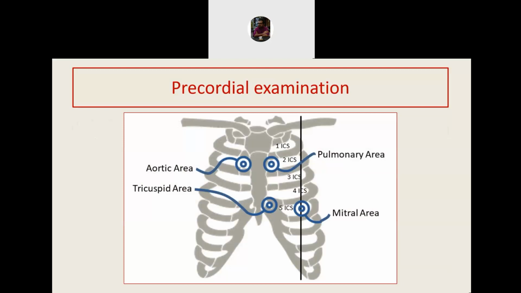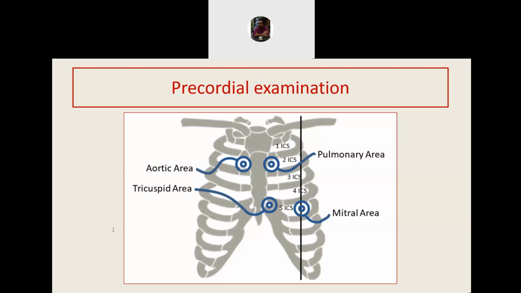So this is a schematic representation of the different areas on the anterior chest wall or precordium. Let us first understand what these areas represent. The four areas that are named as mitral, tricuspid, aortic, and pulmonary, they do not represent the location of the valves. That is the first thing that we must understand.